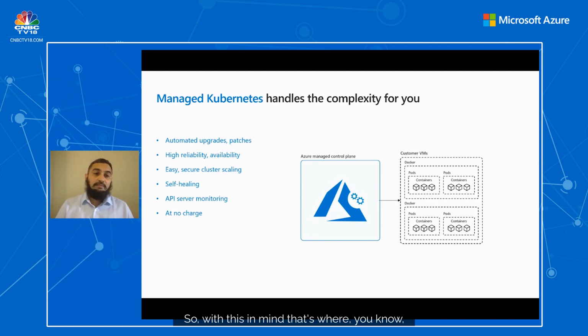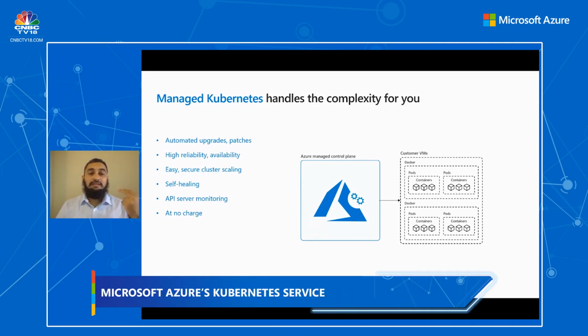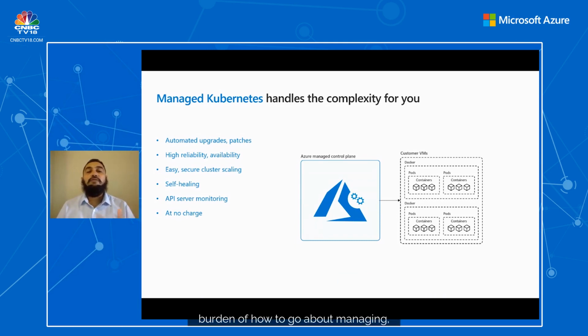So with this in mind, we came out with Azure Kubernetes Service. The thought process was highly reliable, extremely secure, self-healing. There are a number of additional features that help reduce your overall burden of managing a complex orchestration engine, so you can just focus on your applications.